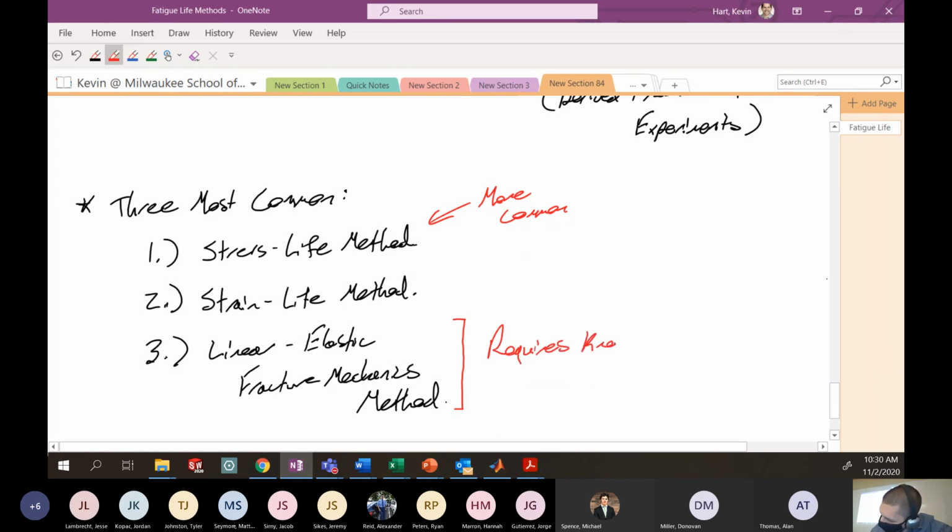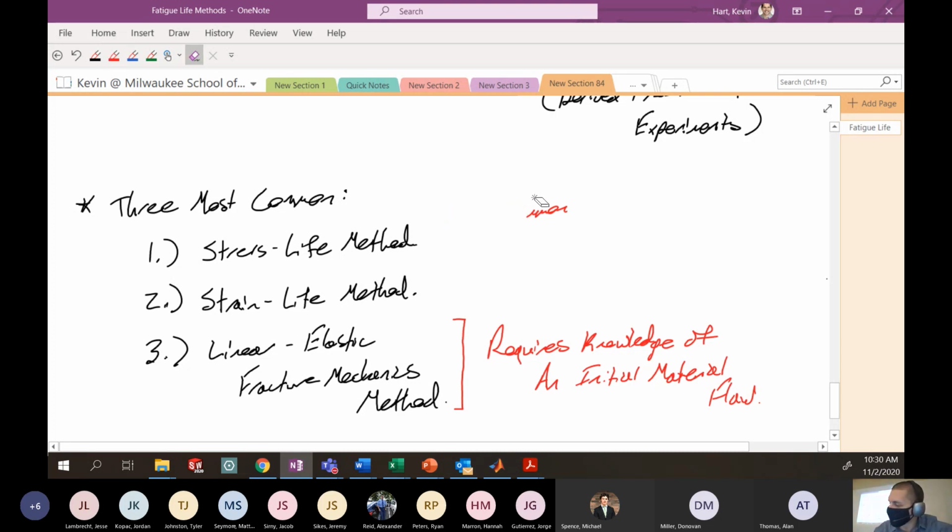So it requires knowledge of an initial flaw. These two first methods do not. A priori knowledge of flaws required.